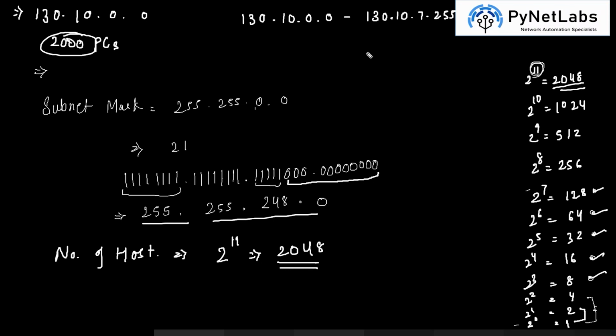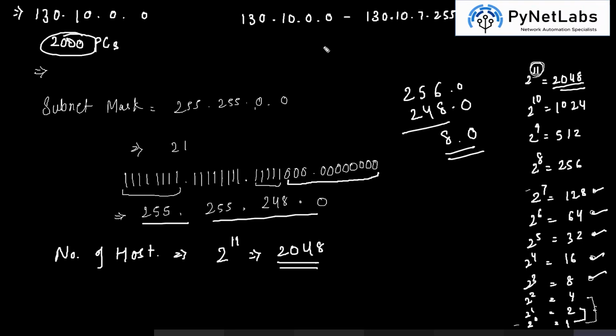Now to find this out, you can either use the thing which I told you about, the 256 minus the last modified octet, which is 248. You get 8 as your answer, 8.0, right? Either you can use this method, or you can simply think about this in your mind and move ahead with creating the range.